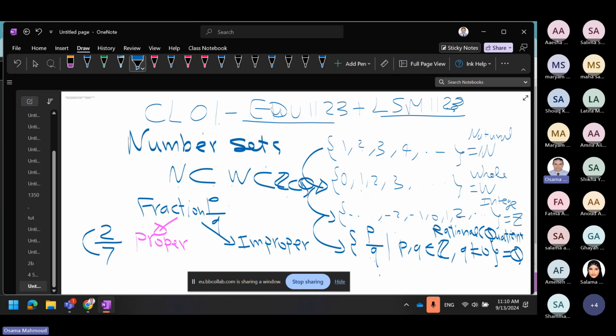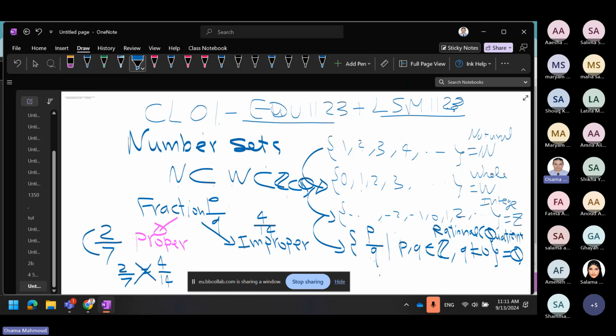Improper fraction, yes. If I write 4 over 14, which is equivalent to 2 over 7, how do we check whether they are equivalent?